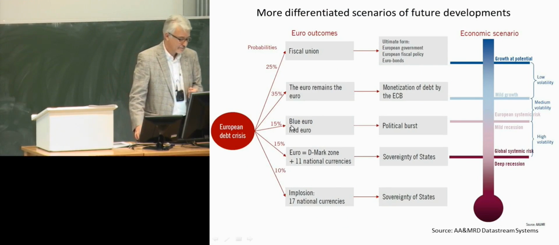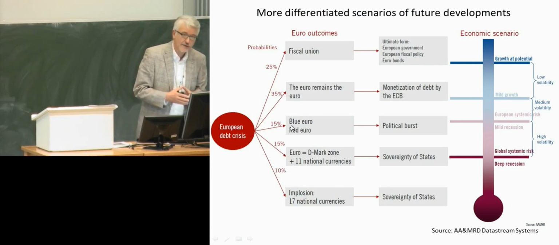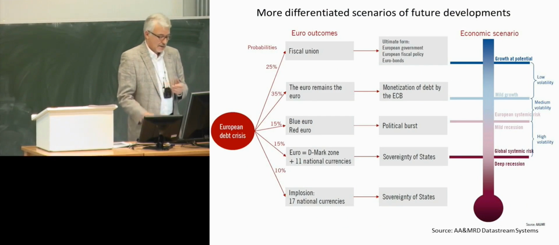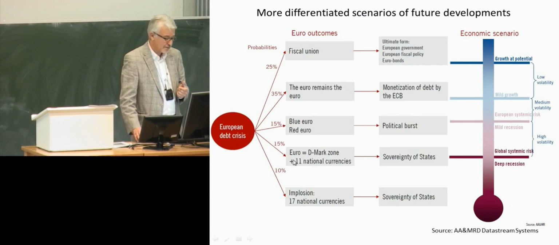Then the blue euro and the red euro, that means a northern euro and a southern euro. This would cause maybe a political burst and also cause a mild recession.